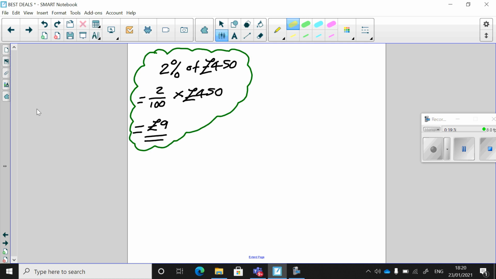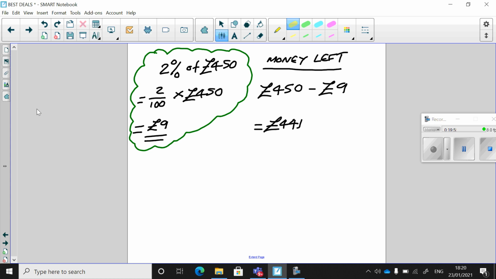But we're not exchanging 450 now, because they are taking that service charge from you, £9. So how much has Layla actually got left? What's 450 take 9? Hopefully that's 441. Now we can apply the exchange rate. So we're going to change these pounds into dollars.